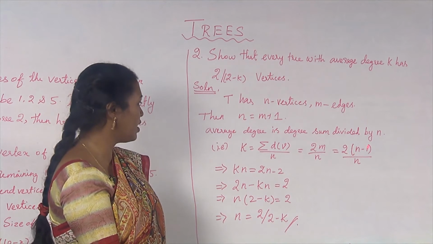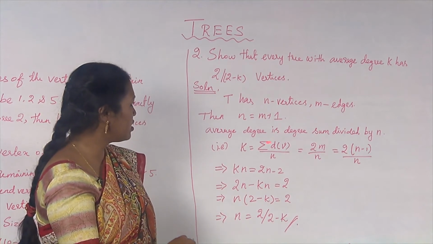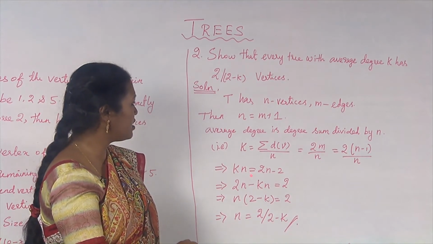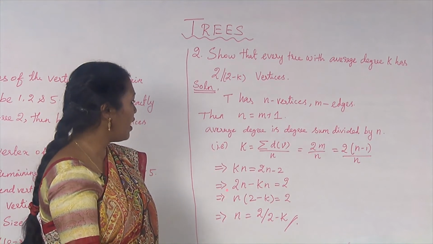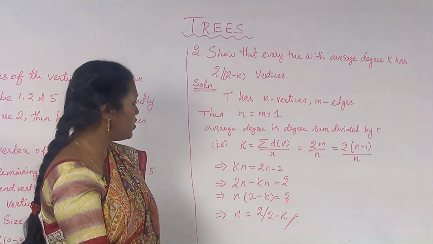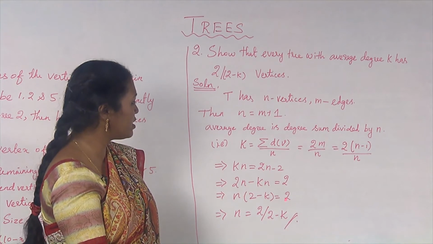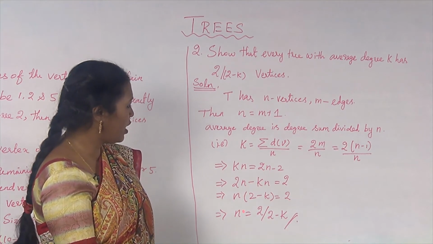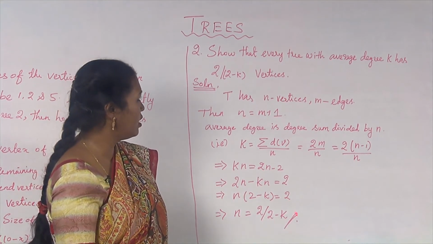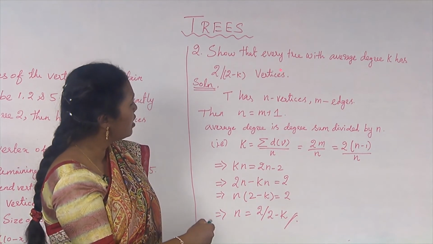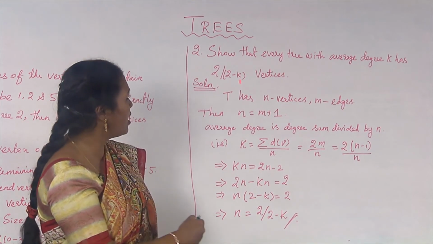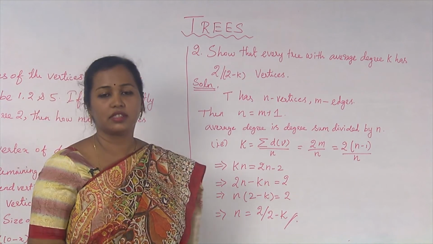So, I am substituting that here. And using this, we get kn is equal to 2n minus 2, and 2n minus kn is equal to 2, and n into (2 minus k) is equal to 2, and therefore, n is equal to 2 by (2 minus k). Thereby, we have proved that every tree with average degree k has 2 by (2 minus k) vertices.